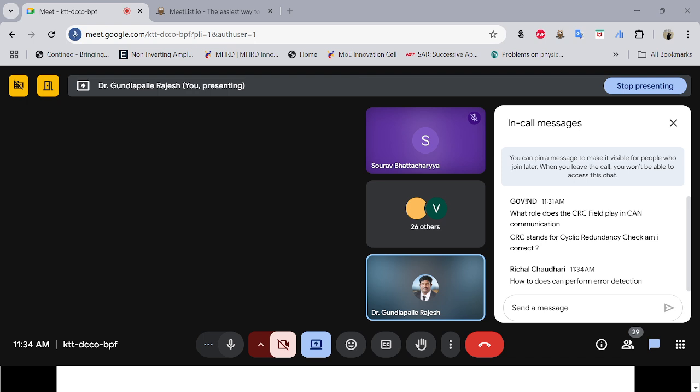Then the message broadcast in the data frames. Let us say 4 nodes are there: node A, node B, node C, and node D. You have an application message buffer, and this is a CAN bus, and you have a message filter. When node A transmits a message, it is transmitted without any message filter. When nodes B, C, D receive the message, it is received through the message filter.